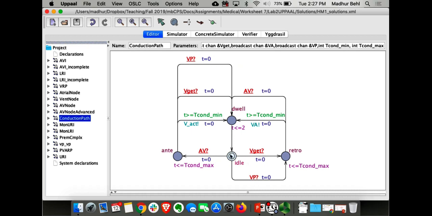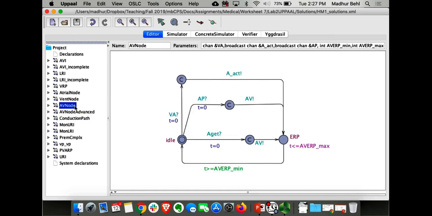And on the other side, if you get a retrograde signal, so the ventricles polarize first, then you go into retrograde conduction, you can remain within some interval between T conduction max and T conduction min. You can even use different variables for antigrade versus retrograde. Here I think it's the same variable. And when you come out of retrograde, you issue VA, which should be listened to by the AV node, right?